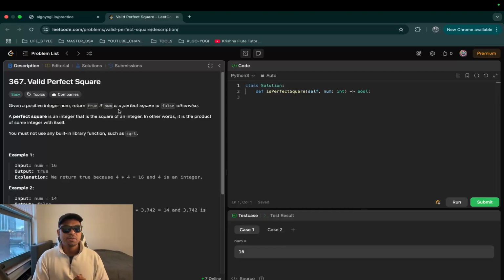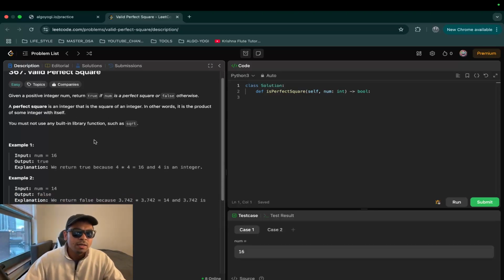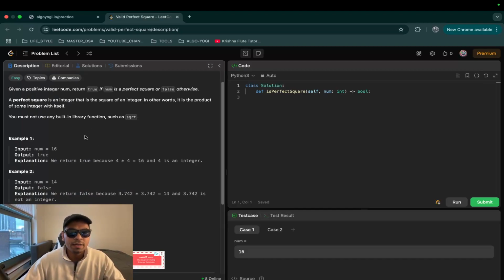Yes, so if it is equal to num, then k squared equals num. That means our num is a perfect square where k is an integer. All right, so let's find out if num is a perfect square. In this case, you can see 16 is a perfect square because it's the square of 4.